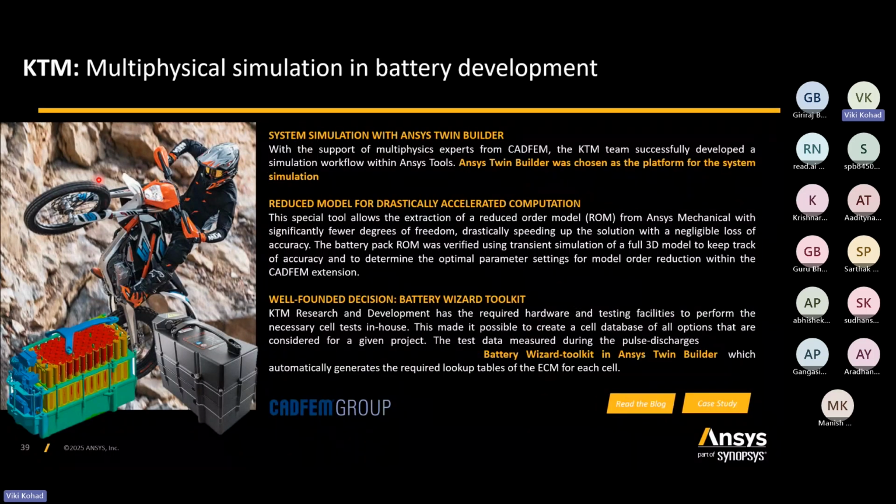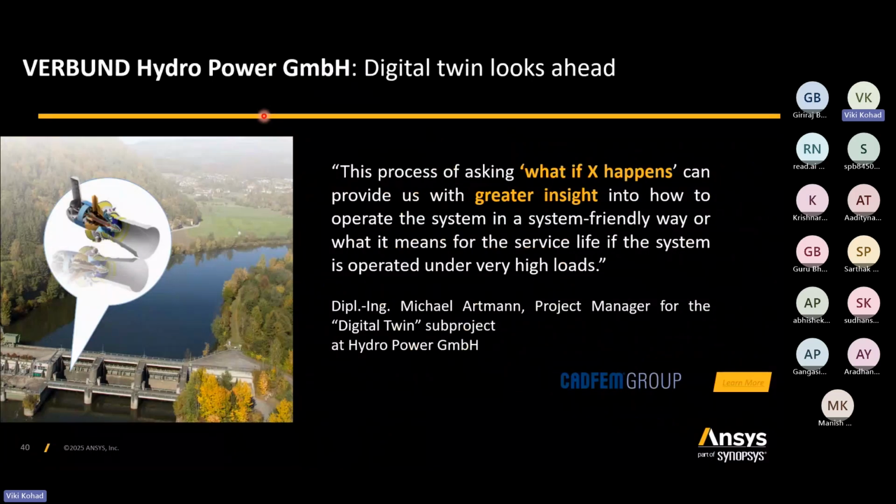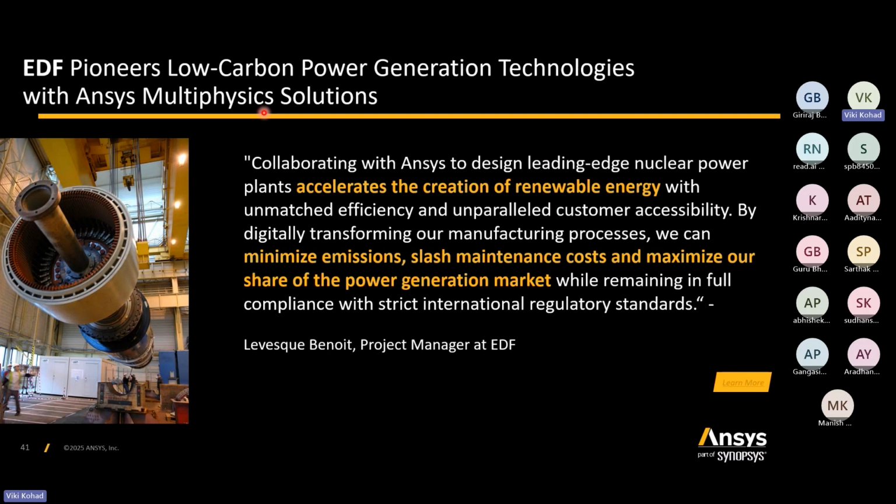KTM is also there. You also know this is a bike company. They are also using the multi-physics simulation model in their battery development. This is a low carbon power generation technology.